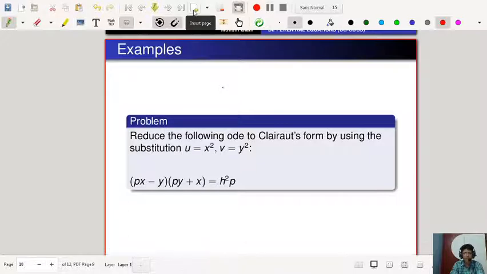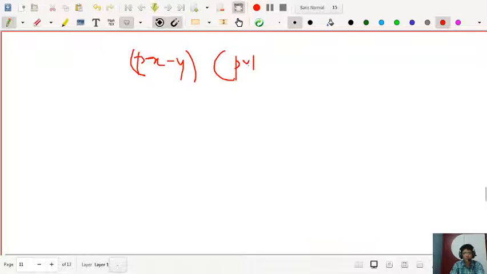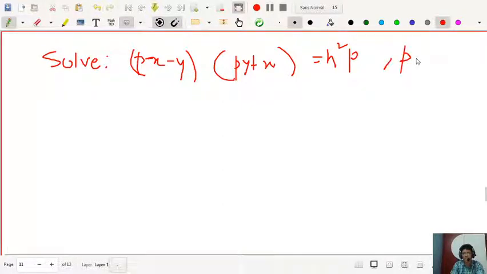solve. Look at the equation (px minus y) into (py plus x). Let me write the equation once again. So how to transform into the Clairaut's form, and your substitution is given here. So this is the differential equation ODE, first order but not of higher degree. P is given by dy dx.